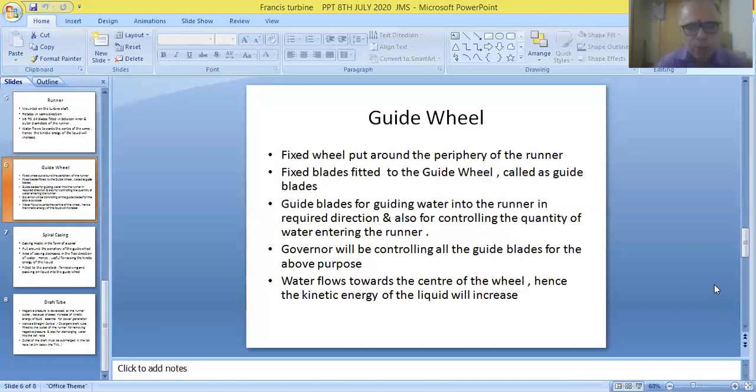They are also very essential for controlling the quantity of water entering the runner according to the load acting on the turbine. All these items put together are referred to as the guide wheel mechanism.